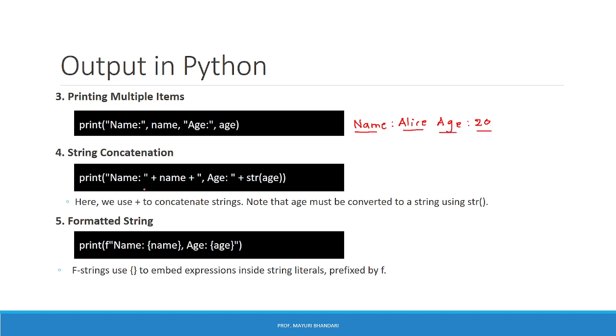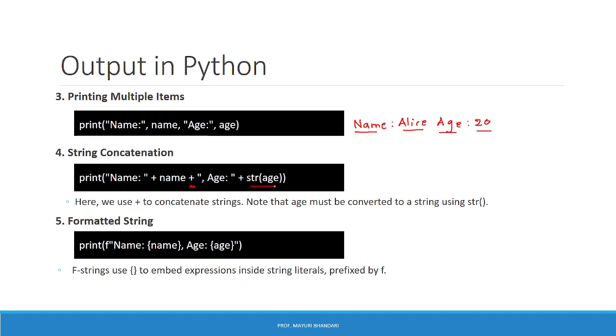Okay, now in the print statement you can concatenate strings. Concatenation means merging strings by using the plus operator. Okay, तो यहाँ पे क्या किया है हमने? name plus name, then again plus age plus str of age.